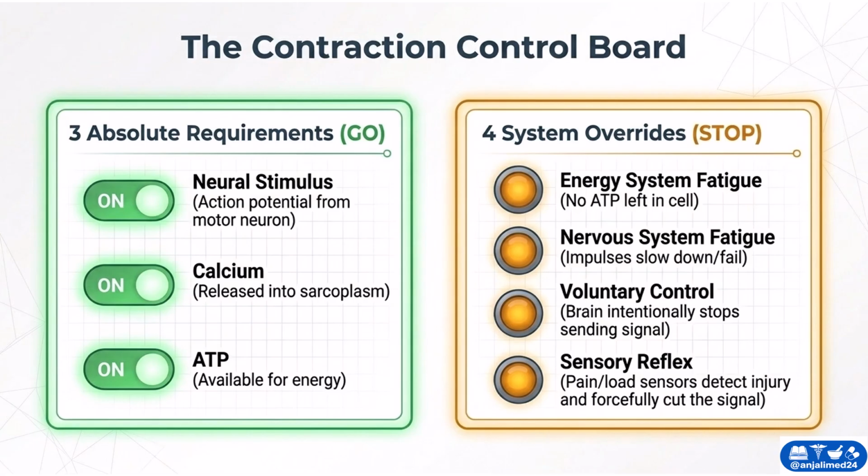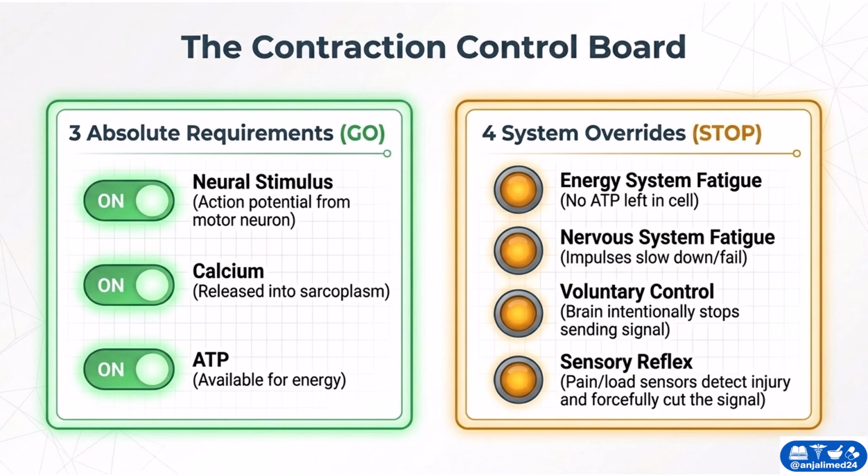This slide demonstrates that muscle contraction is not simply a mechanical movement, it is a tightly regulated physiological process requiring coordination between the nervous system, energy metabolism, ion signaling, and the protective reflex pathways. Clinically, disruption of any one of these systems can produce muscle weakness, fatigue, spasm, or paralysis.